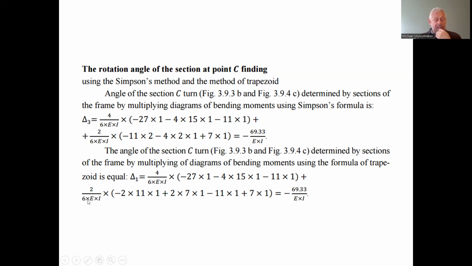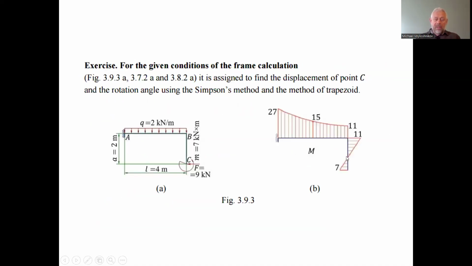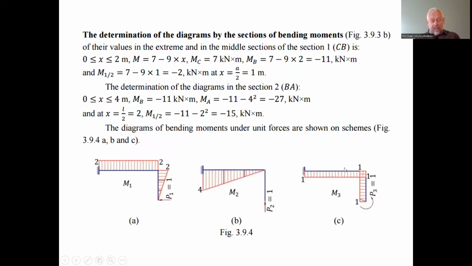Okay, plus the second summand, we derived the common factor out of the brackets. In the brackets, we have the products of the ordinates at the ends of the diagrams. We consider the second element of the mechanical system, and that linear trapezoid-shaped diagram has magnitudes plus 11 and minus 7 at the ends of the diagram.